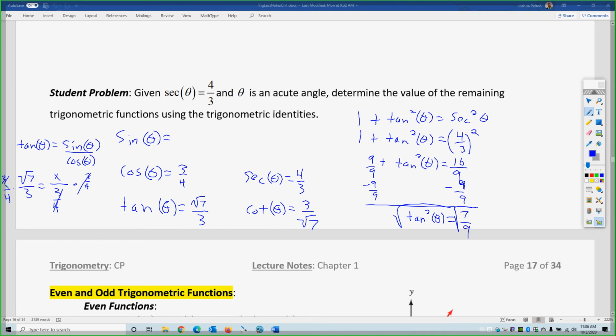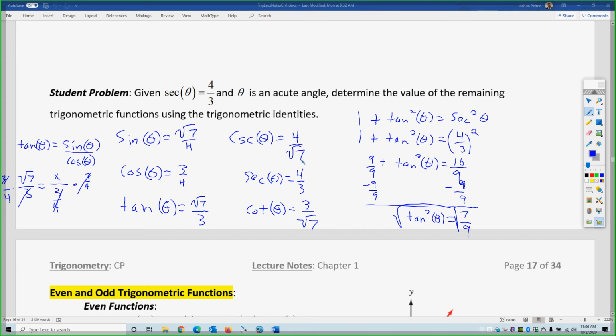Cancels, cancels, cancels, cancels. So that gives me root 7 over 4, which makes sense, because now if you do sine over cosine, the 4's will cancel and give you the tangent. So that means our cosecant of theta, whatever angle that is, is 4 over root 7.